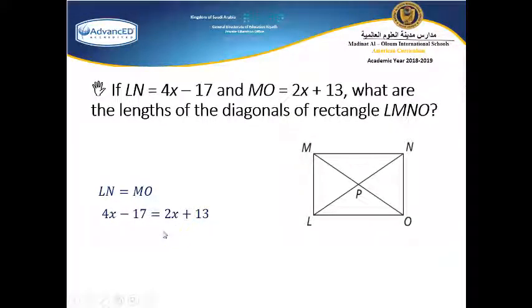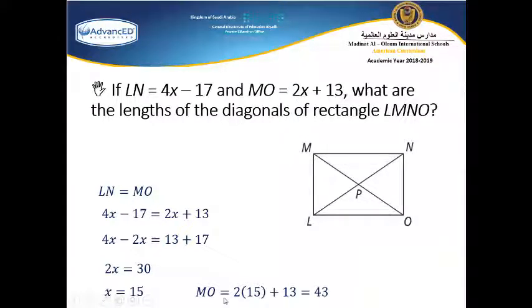Solving this equation, 4x minus 2x equals 13 plus 17, then 2x equals 30, then x equals 15. Let's substitute in either one, LN or MO. Let's use MO, for example. Then MO equals 2x plus 13, so 2 times 15 plus 13 equals 43. Then MO equals LN equals 43.